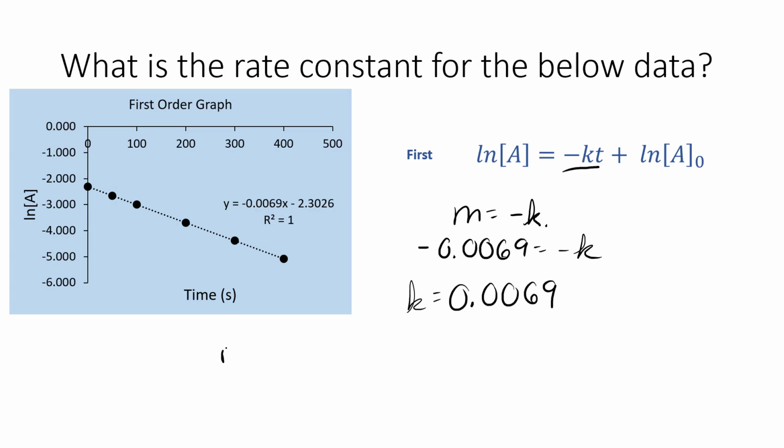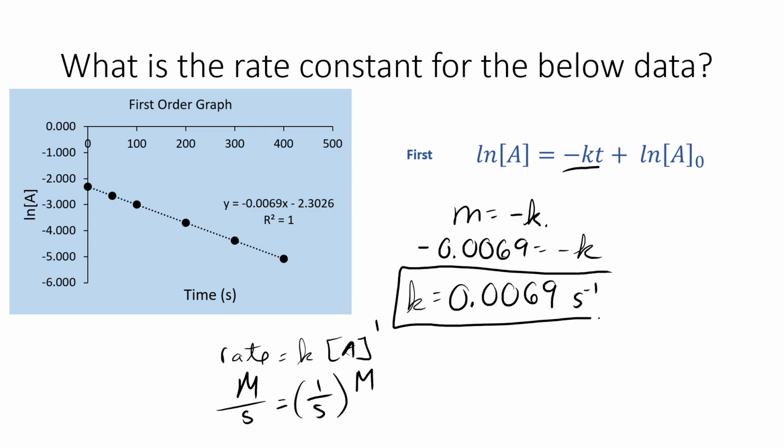What are my units? Rate equals K times concentration of A to the first, because it's first order. Molarity per second equals K times molarity, therefore K is 1 over second. You can either do it mathematically or you can memorize that. I prefer to do it mathematically.